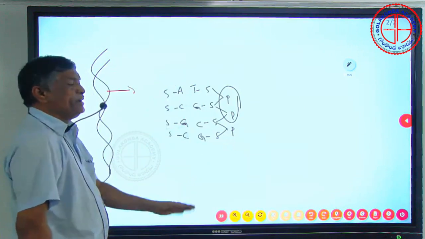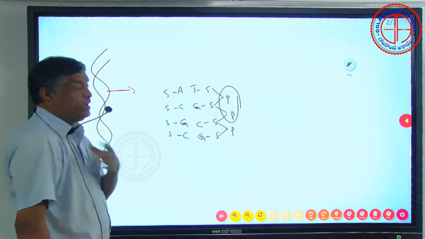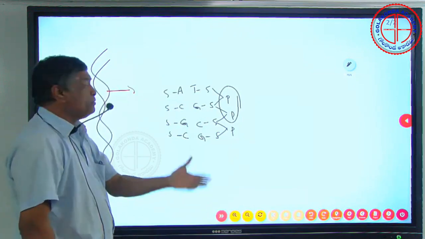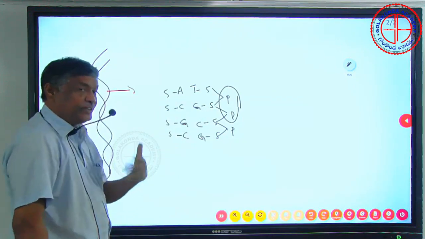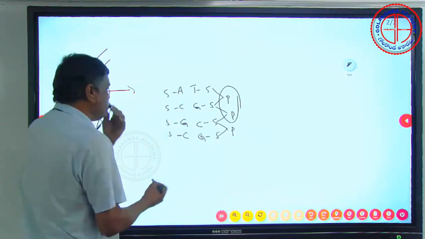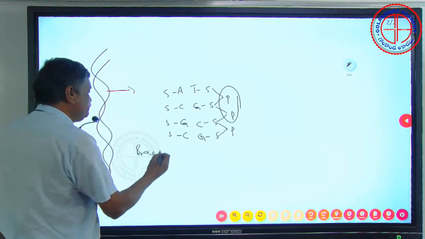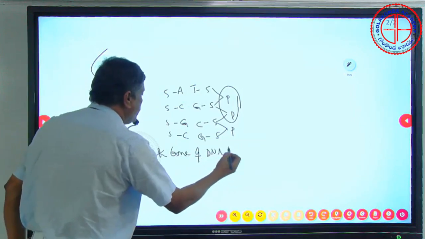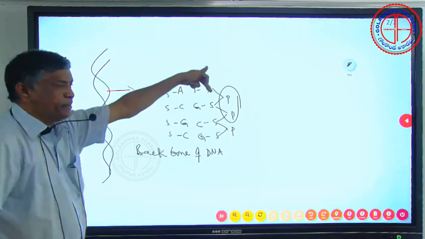The structure of DNA collapses. That means the phosphate group is the backbone. What is the backbone of DNA? The DNA structure depends on the phosphate group, so the phosphate group is known as the backbone of DNA.